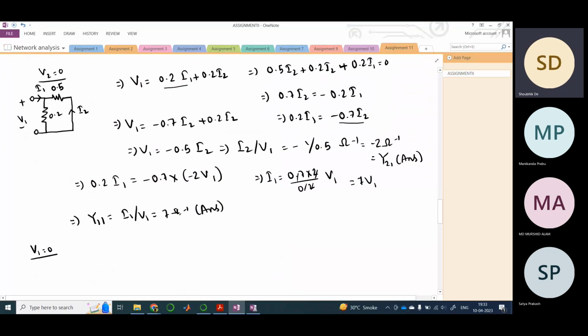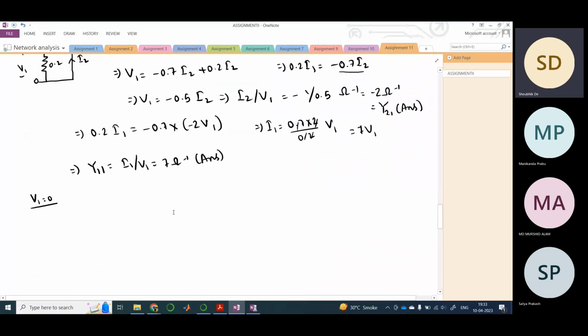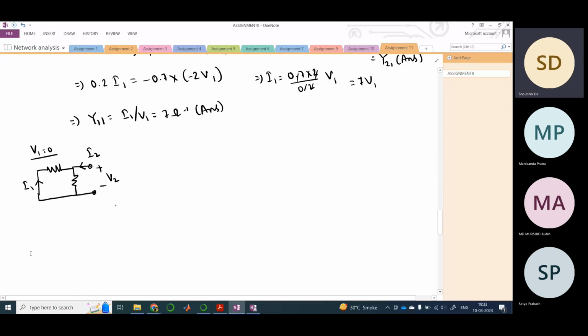So this is V2, this is I2, this is I1, this is 0.5 and 0.25.